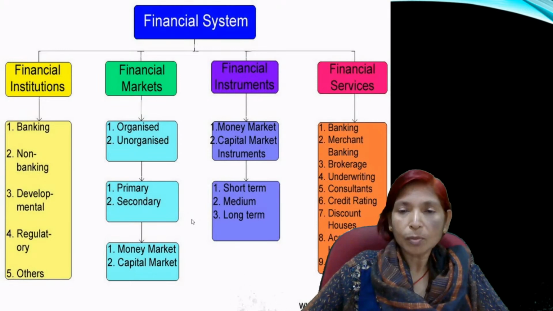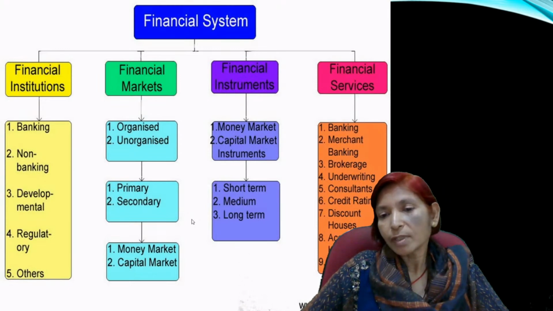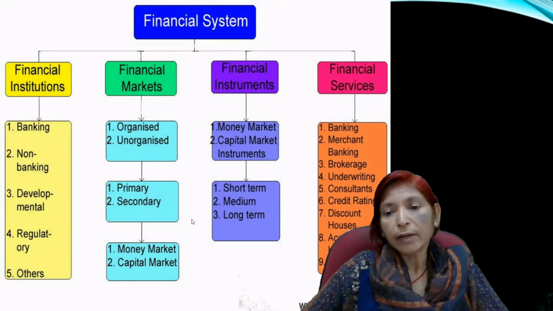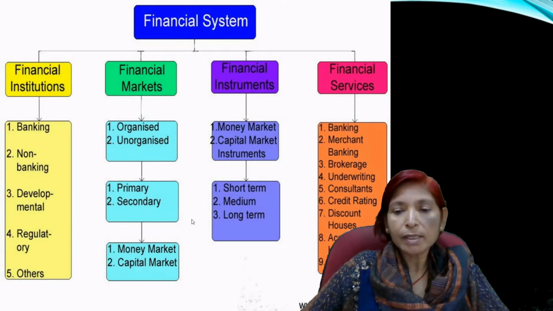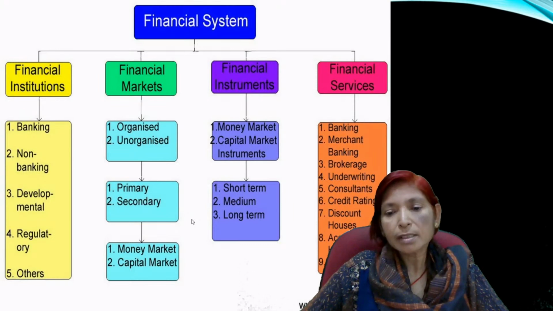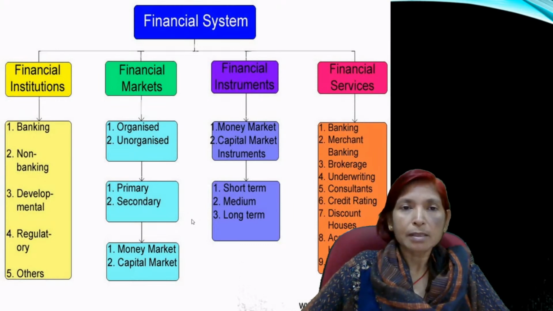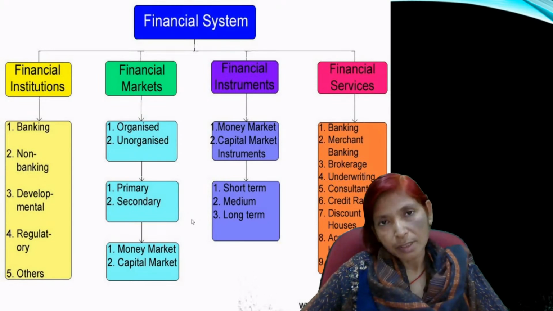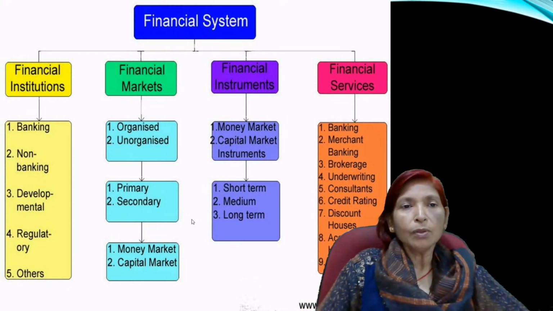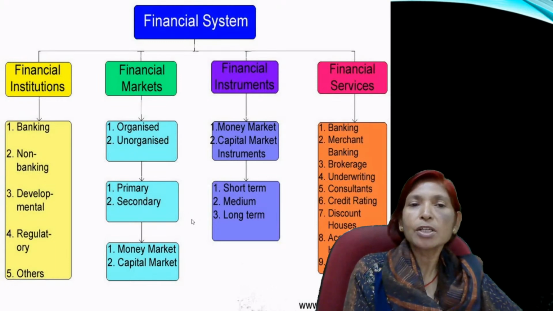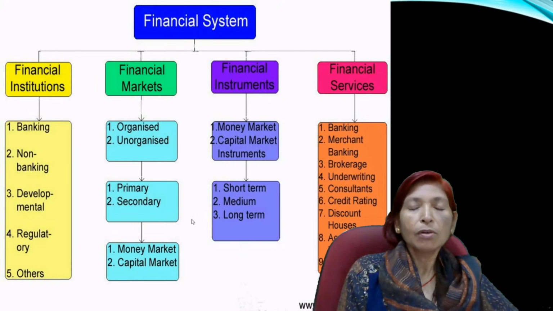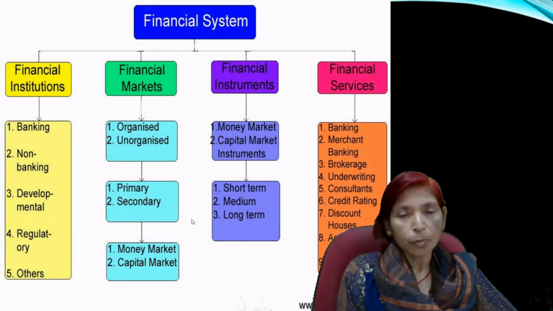So brokerage also provides financial services, underwriting, consultants, credit rating, discount houses, acceptance houses, and market makers. All these provide financial services. So this is the whole financial system, which is classified into four main groups.